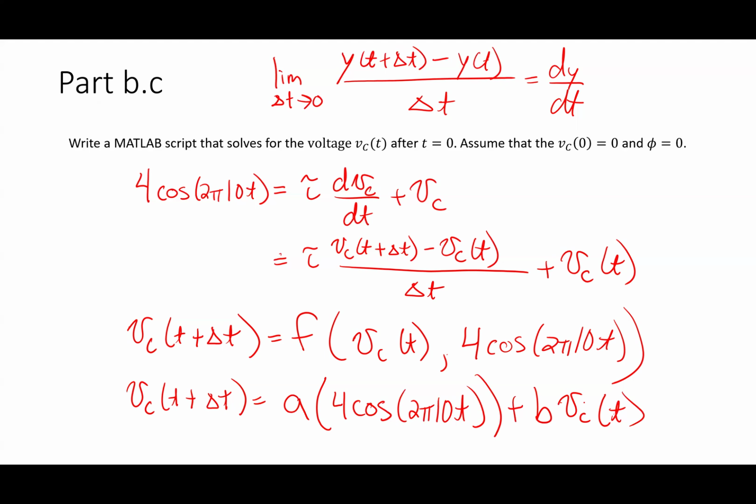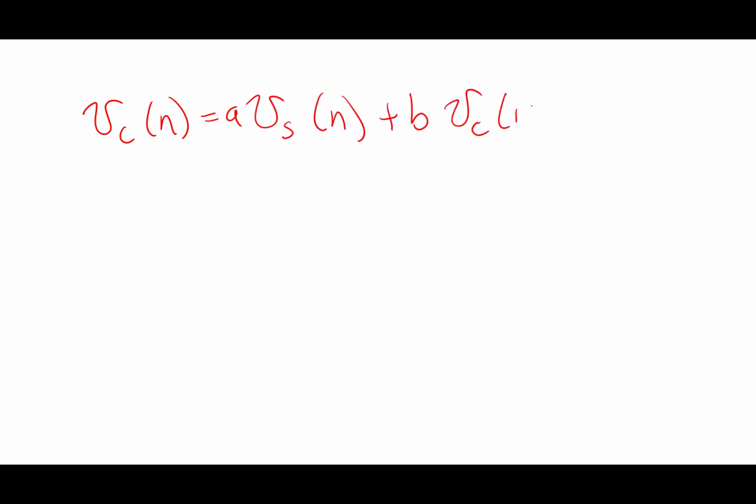I end up with that. And you can figure out what A and B are. They basically are constants that are in terms of the delta t and the tau, both of which are known numbers. They're not variables. And we often write this as vc of n plus 1 is equal to A times v source of n plus B times vc of n.